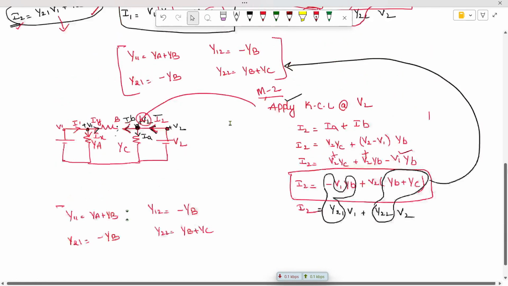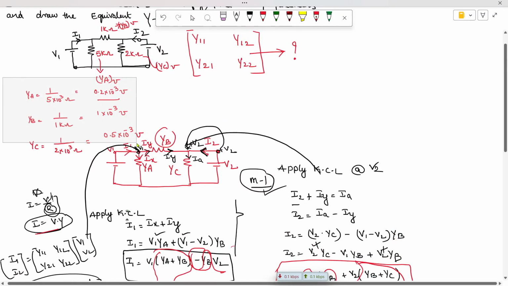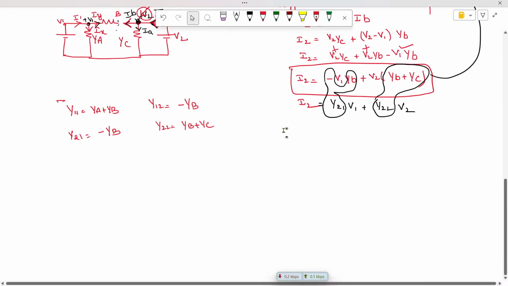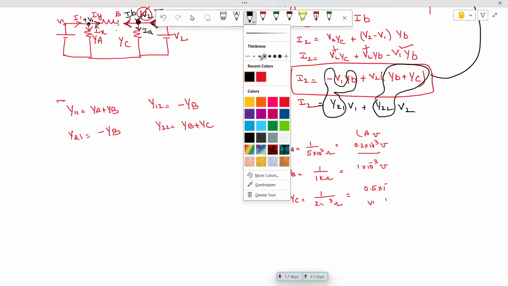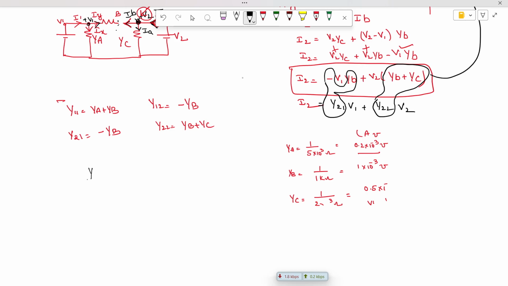So we got this value, and already we have converted the impedances given into admittances. So now how to get the values? Here we require Y11.